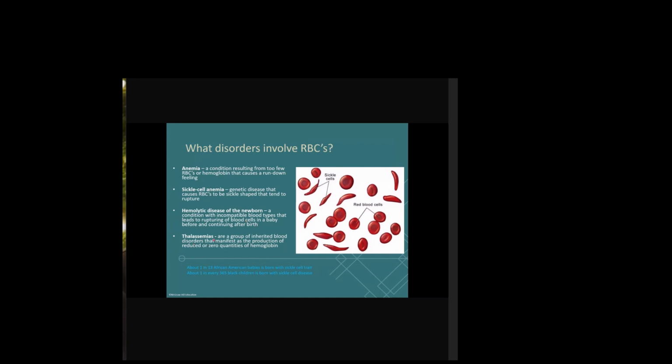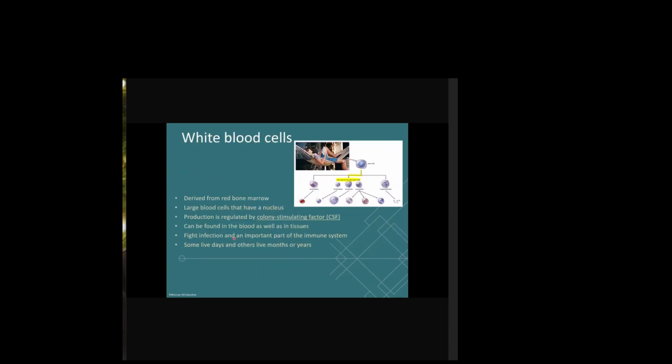And then thalassemias are a group of inherited blood disorders that show themselves when very few quantities of hemoglobin are produced in your red blood cells. So these are examples of some diseases associated with red blood cells. Any question about red blood cells before we go to white blood cells?